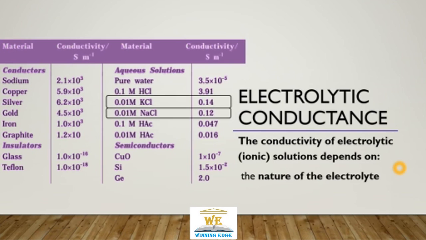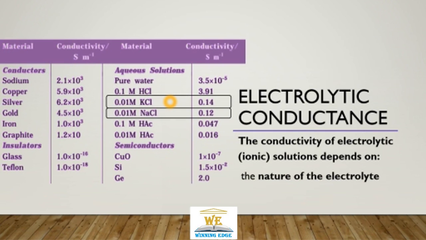Next, we see KCl and NaCl. The chloride is the same in both; only potassium and sodium are different. Both are strongly ionic, so from that point of view there is no difference. Both will furnish ions in solution and they have the same concentration.